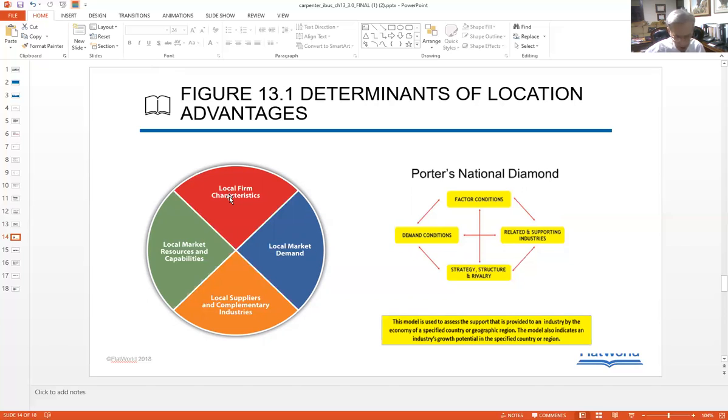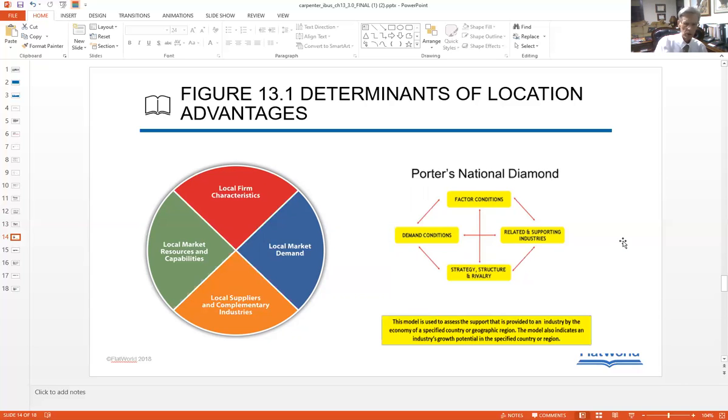Local firm characteristics, I think that's strategy, structure, and rivalry. Local market demand, there's demand conditions. Suppliers and complementary industries, related and supporting industries, and local market resources are factor conditions.